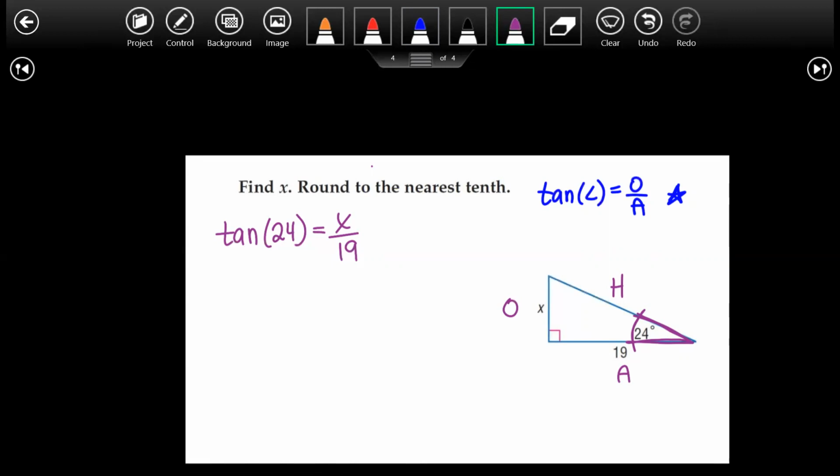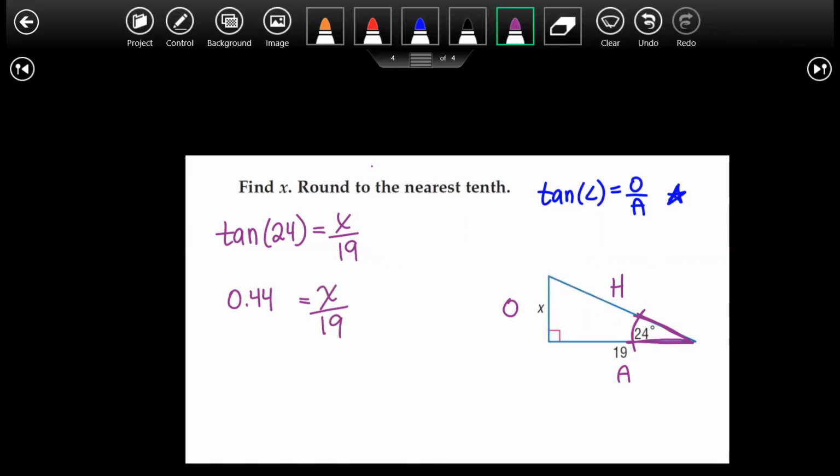If you have an iPhone, you're going to do 24 tangent, the exact opposite. Now, what value did we get from here? 0.44. We're just going to go to the first two decimals.